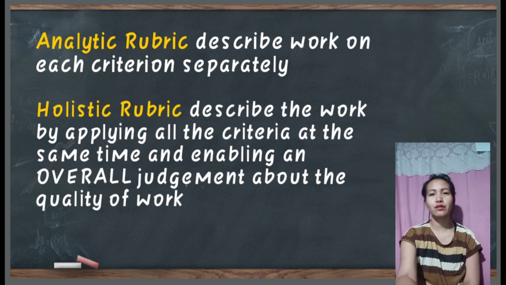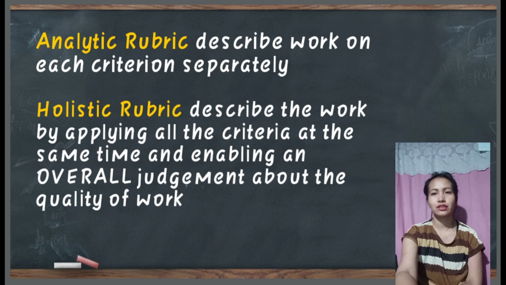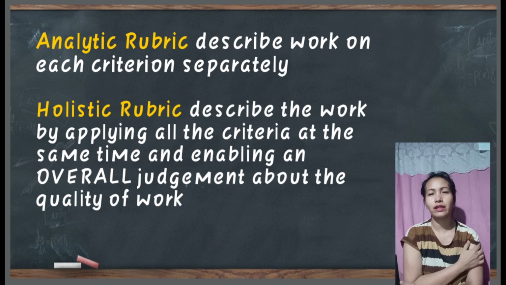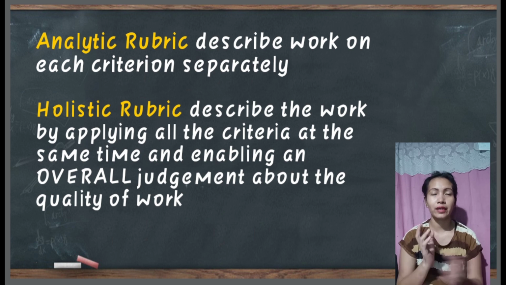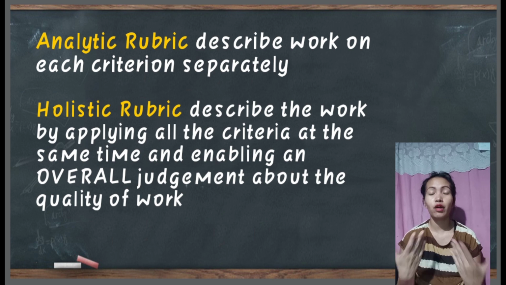While holistic rubric naman is describe the work by applying all the criteria at the same time and enabling an overall judgment about the quality of the work. It utilizes holistic rating for a product or behavior. Yung parang nag-i-scale ka na, for example, 1 to 5, based on an overall judgment of the student's work.